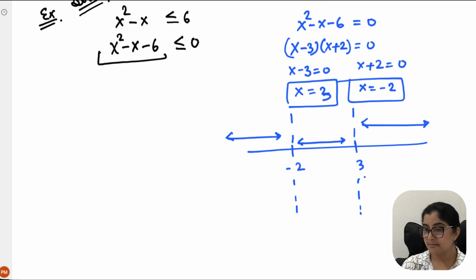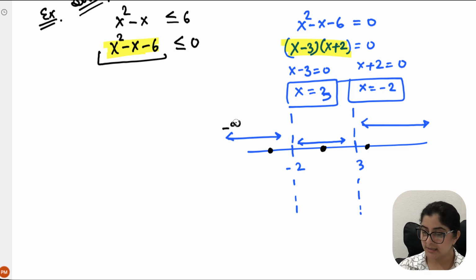In each subinterval we have to find the value of this expression, which is the same as the product of these two factors. We pick any testing value in each interval.